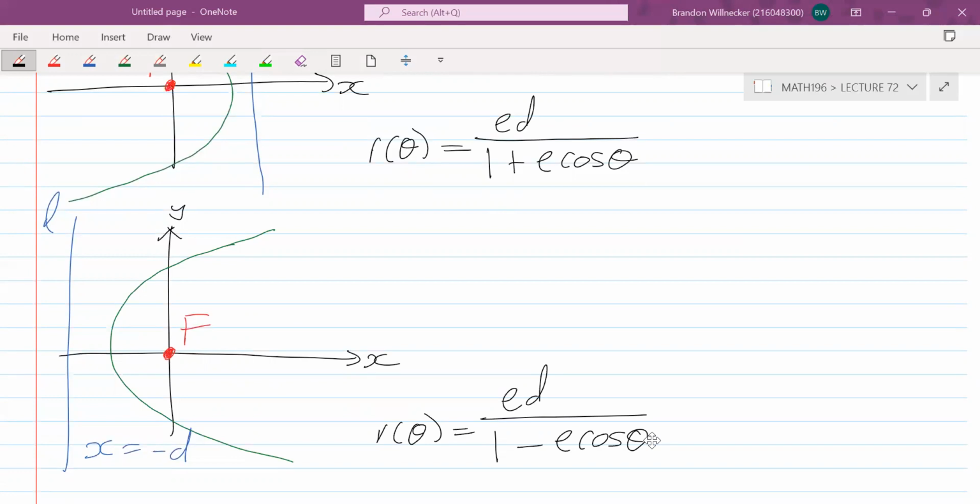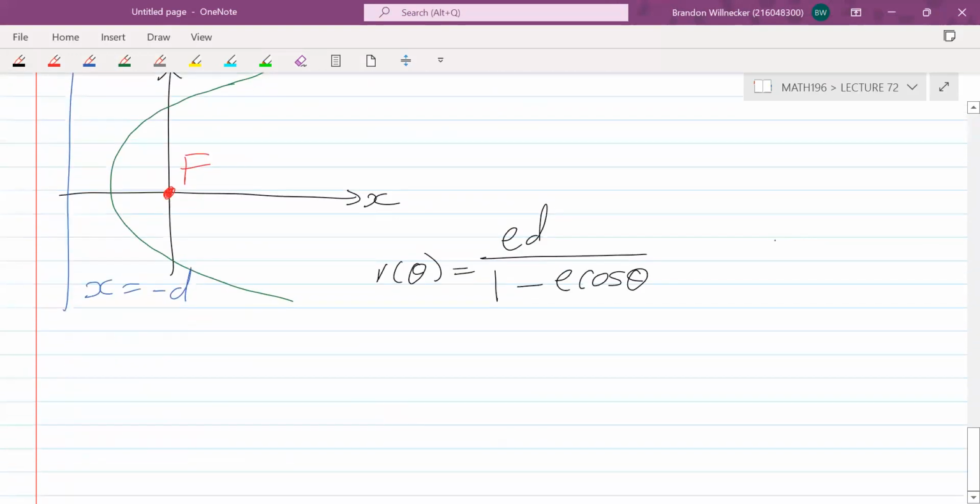We have a negative value of the directrix, so minus d, because it's on the left there. So we have minus e cos theta. Okay, so everything makes sense there. Okay, so these are for vertical directrix lines. We can also have a similar thing with horizontal directrix lines.